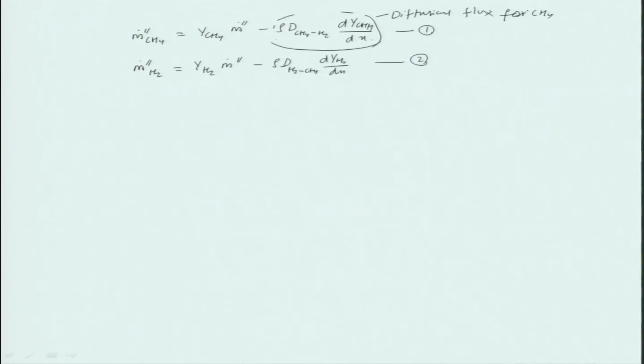Let us consider the total mixture mass flux, and this mixture is binary in nature. That is basically m dot double prime is equal to m dot methane plus m dot hydrogen.